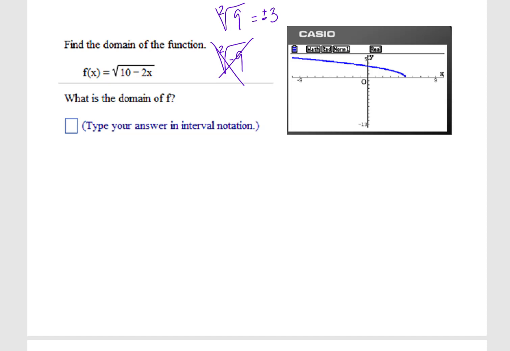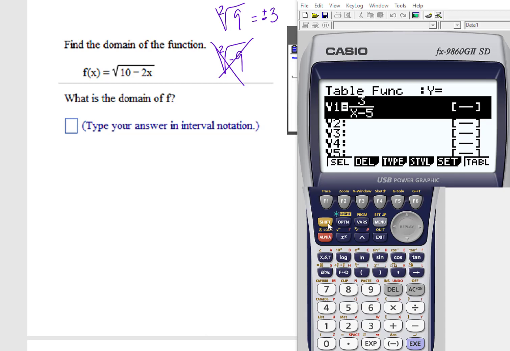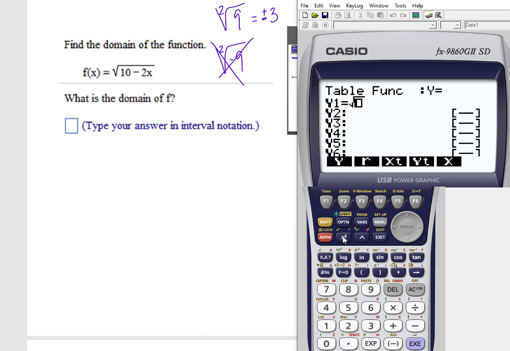So we can graph this, and they've already graphed it here. Shift to get access to that square root. I have 10 minus 2x.